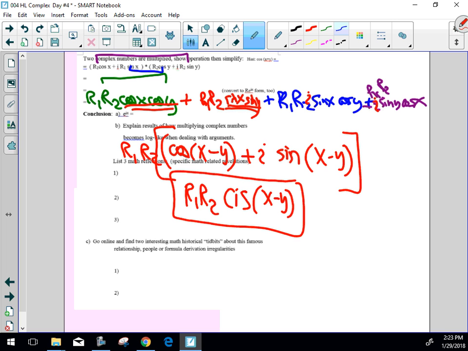I'm not quite sure what. Here, cosine X, cosine Y. That's cosine X. Yeah, I think that's right. I thought it was plus, but all right.